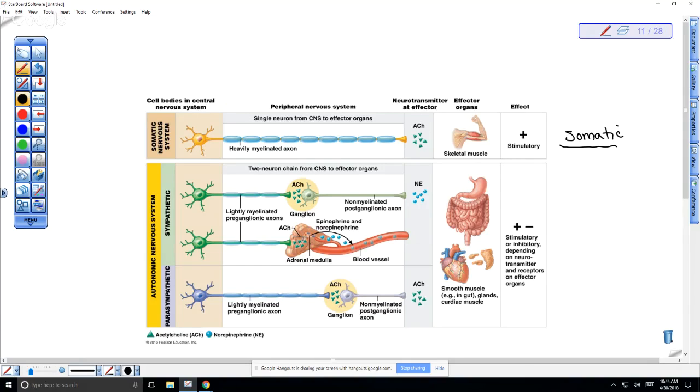We can also see that there is a difference in myelination. So the autonomic nervous system tends to have lightly myelinated axons, or in this case, the axons actually have no myelination. So the reflexes tend to be a little bit slower because they are not heavily myelinated.